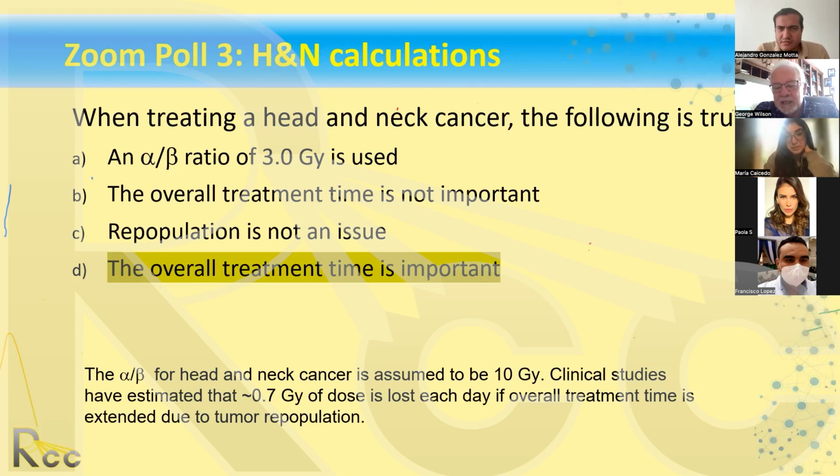We know that we can lose dose by protracting the overall treatment time. So overall treatment time is really important. And repopulation is an issue. Again, it's been shown in head and neck cancer that there may be this accelerated repopulation that kicks in later during the schedule. So the answer is really that overall treatment time is important.